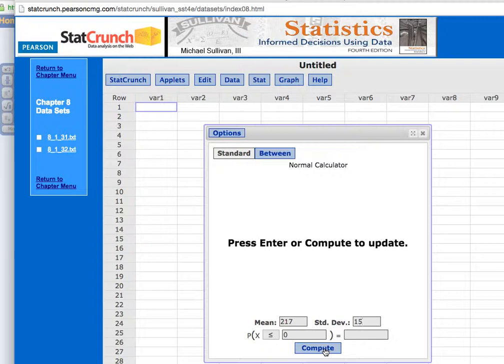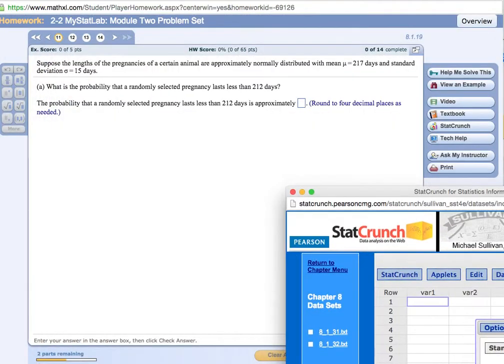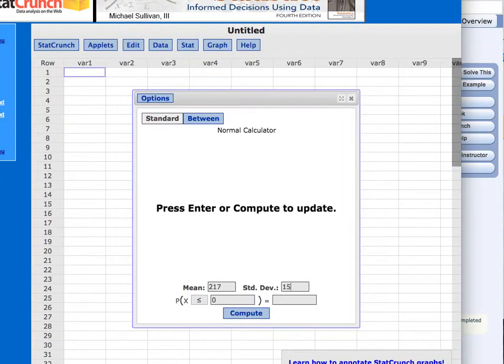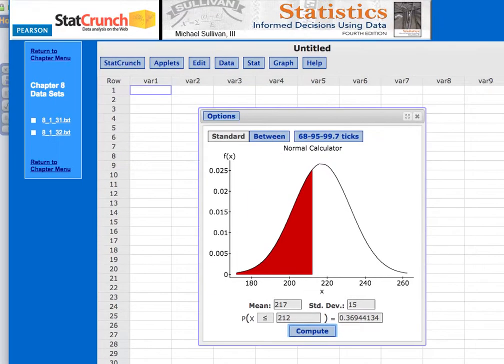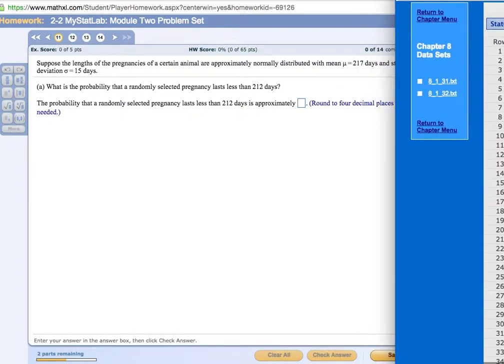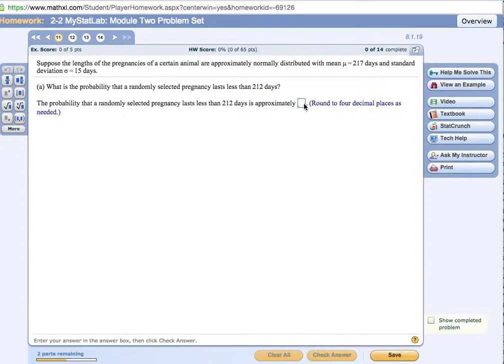So I click that, and then I'm going to compute. Let me see, I think it was for 212 days, okay. Let's go ahead and put that in, and then we get the probability of that happening: 0.3694 and so on. Let me go ahead and answer that, rounding to 4 decimal places.